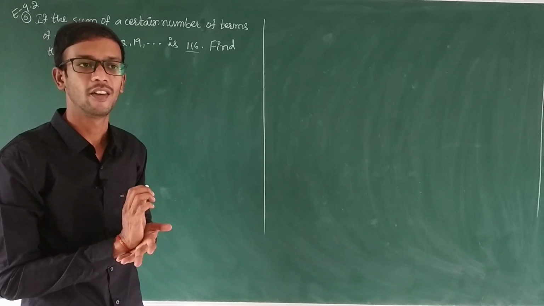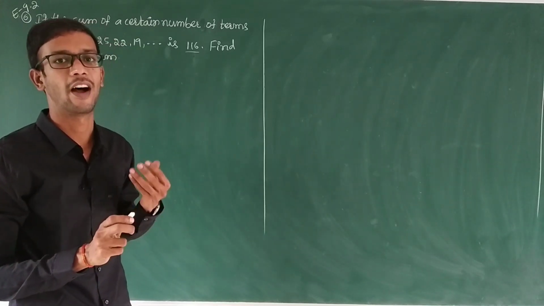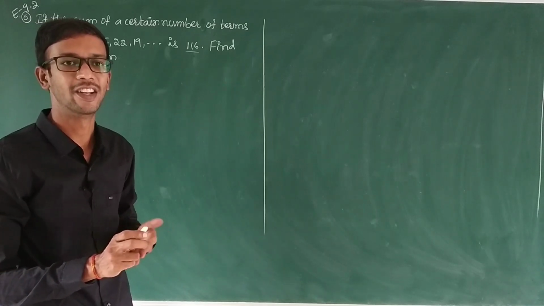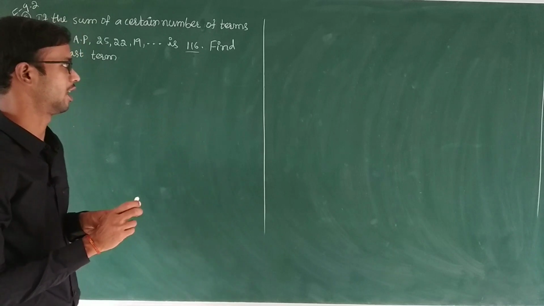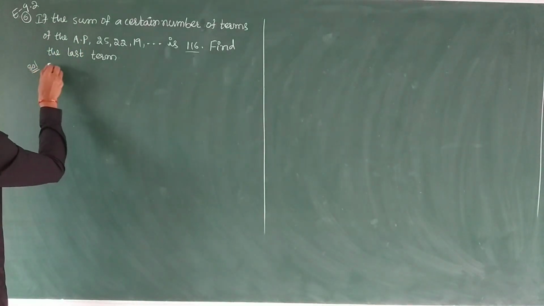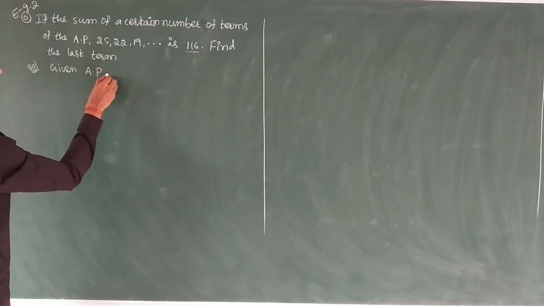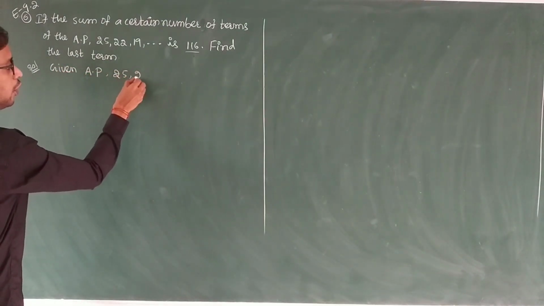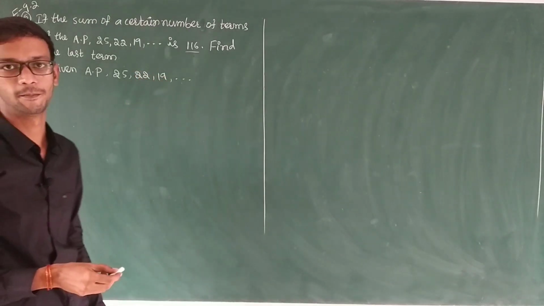Last term means, first of all, you have to find the n value, the number of terms, and then we can easily find the last term. For that purpose, first I will write the given AP: 25, 22, 19, and so on.